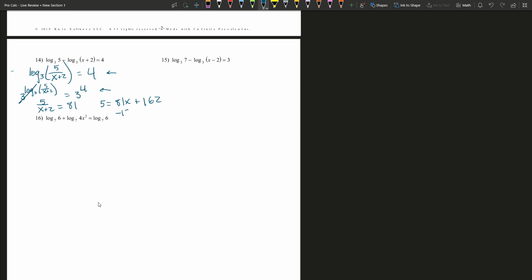So then negative 157 is equal to 81x. X is equal to negative 157 divided by 81. So that seems a little bit harder when it gets to the very bottom point. But these top two lines we should be able to get. These bottom two really aren't that hard. It's just bigger numbers. That's why it seems harder.